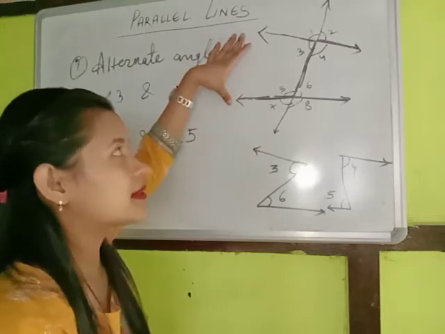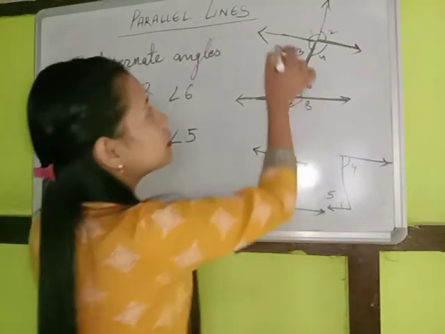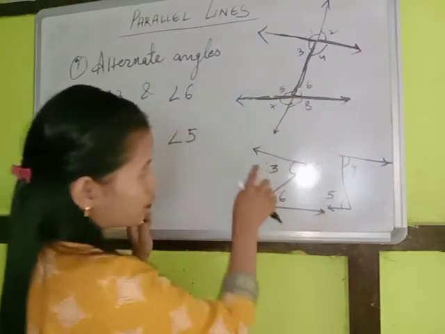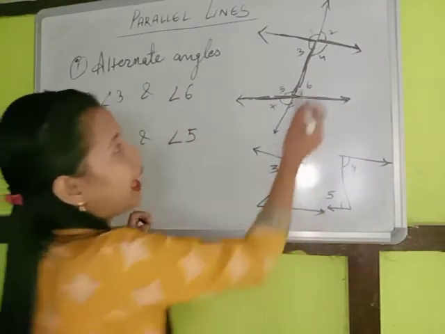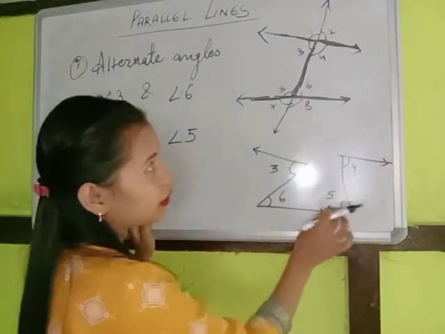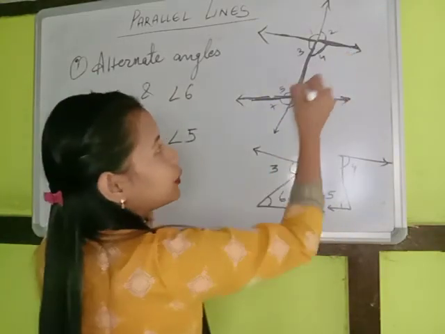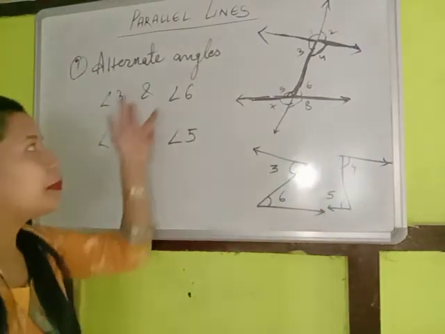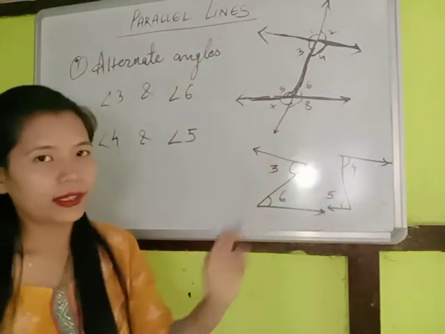The Z formed is this, this and this, as I've drawn here. Another Z is the reverse Z, which I've drawn here, and the angles included are angle 4 and 5. So these two are the pairs of alternate angles that we get.